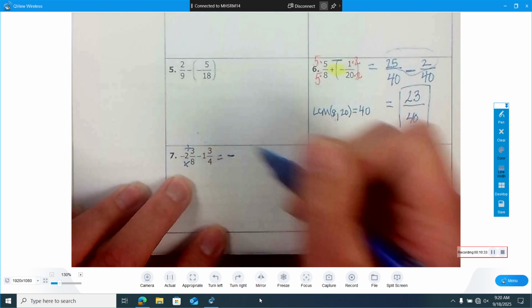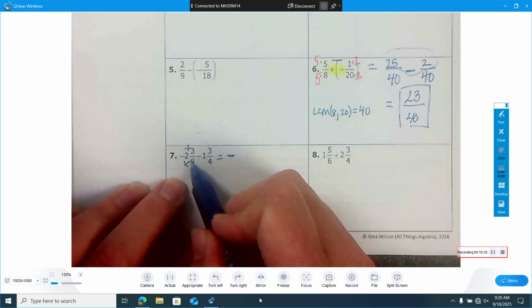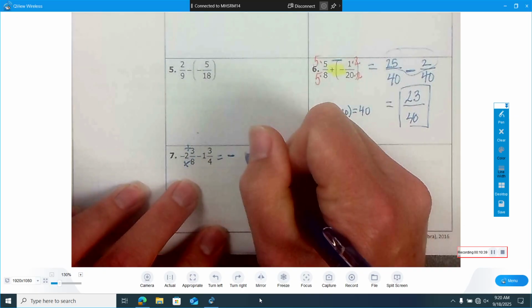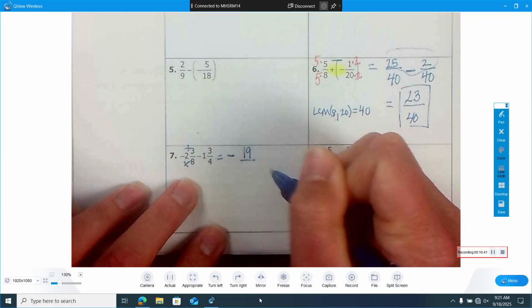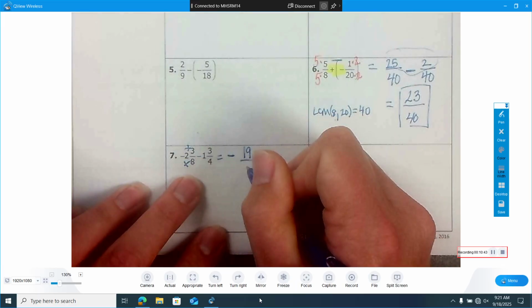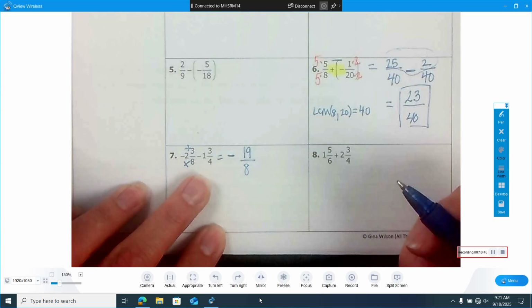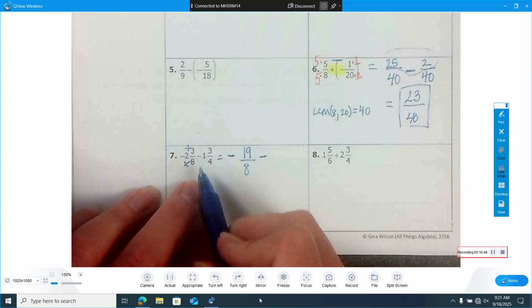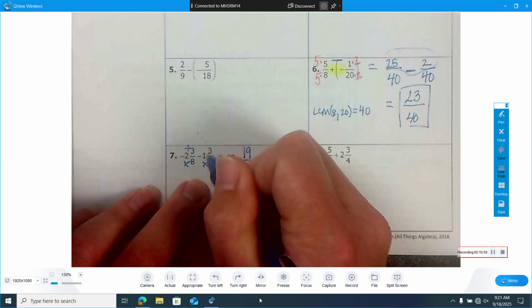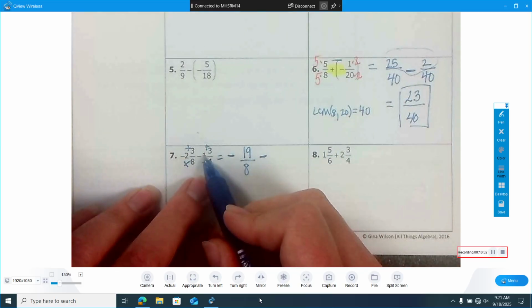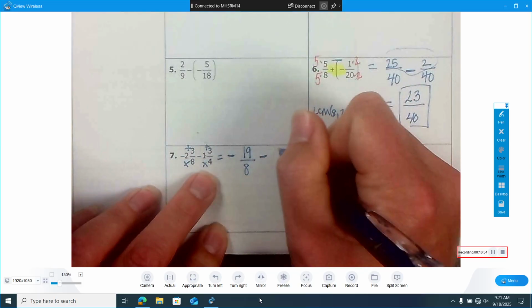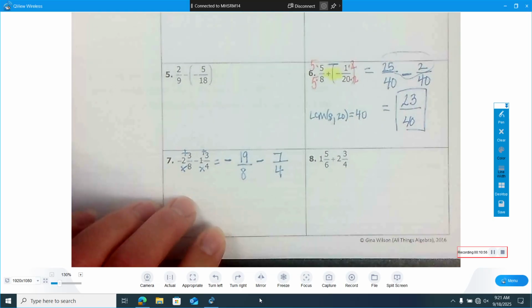We got a negative out in front. We're going to multiply. 8 times 2 is 16 plus 3 is 19. Beautiful. Over, what's our denominator? 8. Very good. And then we also have a subtract. Again, I'm going to convert, multiply and add. 4 times 1 is 4, plus 3 is 7 fourths.